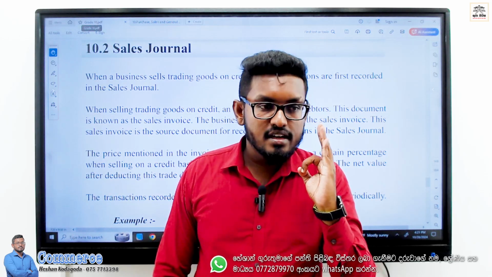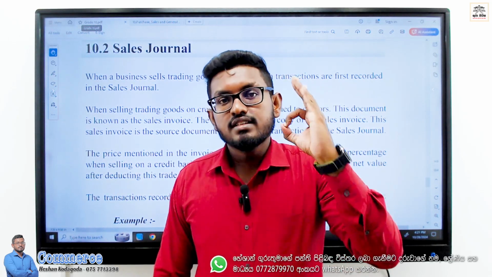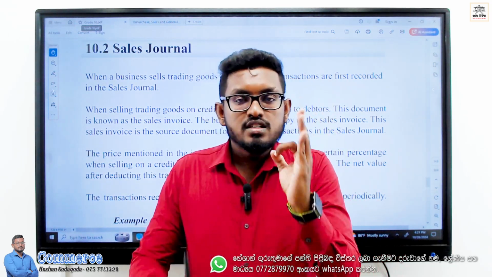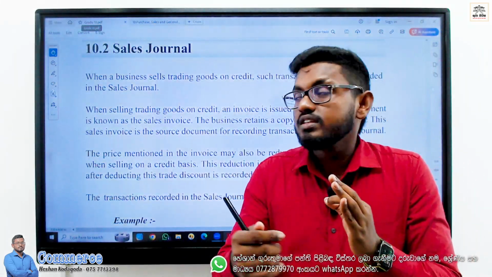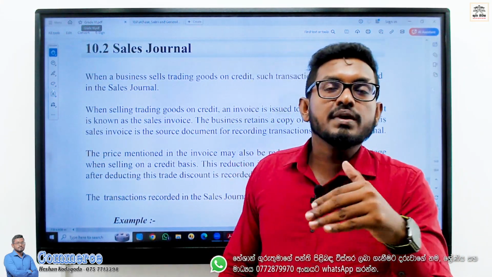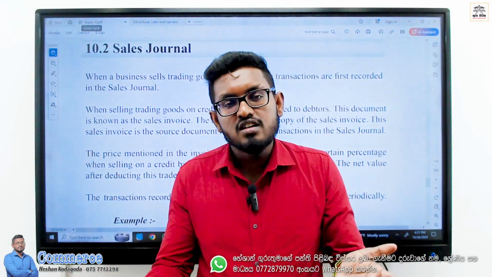These are the two criteria for recording transactions in the sales journal. It is similar to the purchase journal, so it does not perform a dual function.